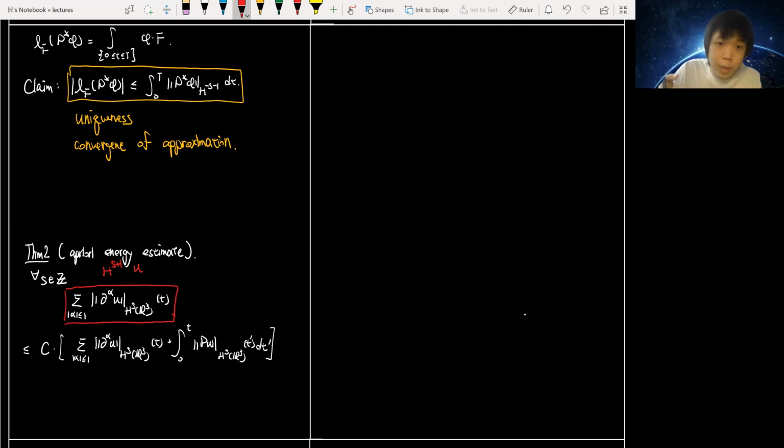Alpha is a multi-index less or equal to 1. And we want to bound this guy at time t. And what we can use is here, this should be at t equals 0. The thing in the blue box is the initial data. That involves the same norm of U, but at time 0.